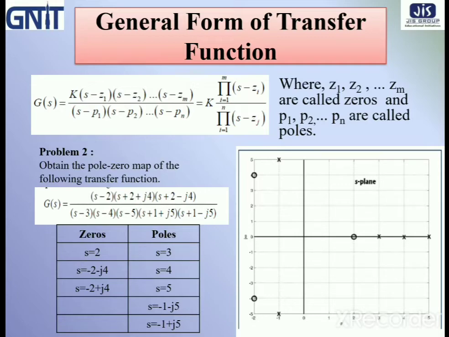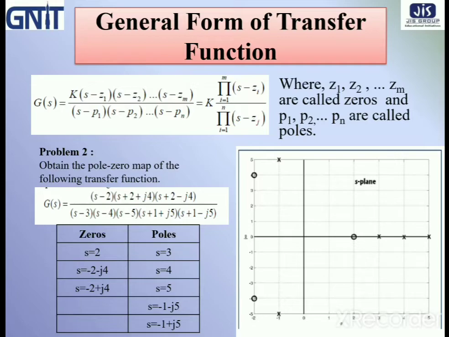So G(s) will be 0 because we put s equal to z1, next s equal to z2, next s equal to zm, like this. So for those values the transfer function of the system becomes 0, and those are called zeros of the system.